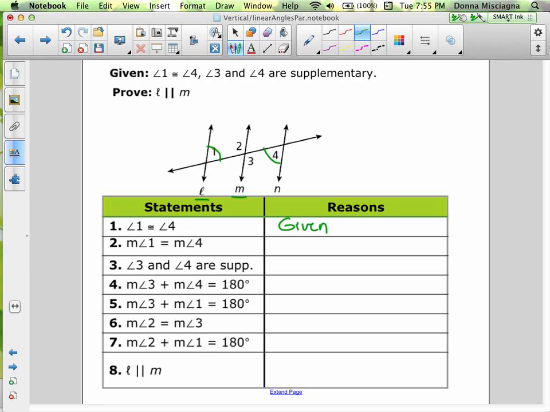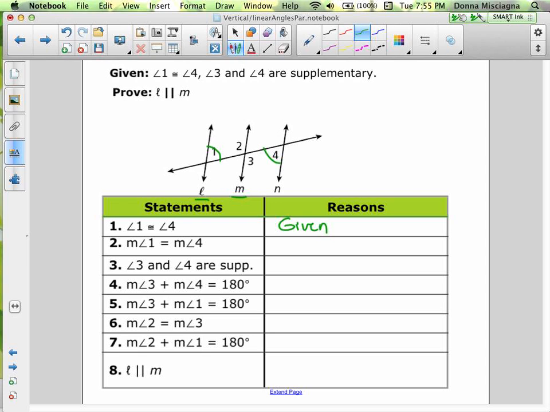So that's the information we have, and we're trying to figure out some things so that we can prove that line L and line M are parallel. So it makes sense to start with what we're given.